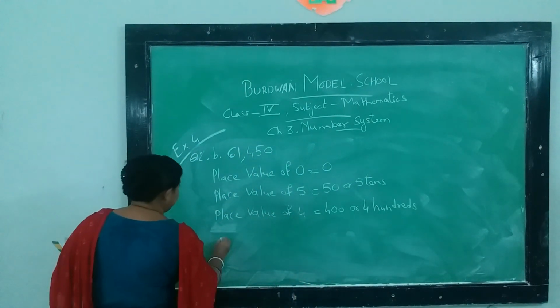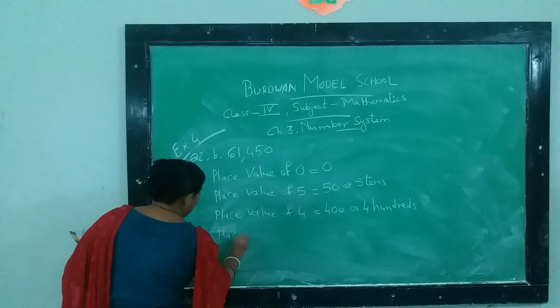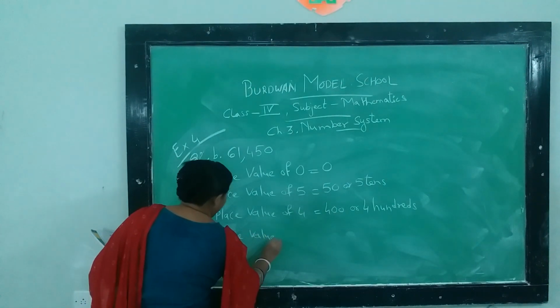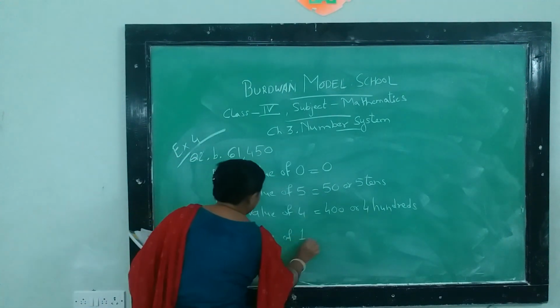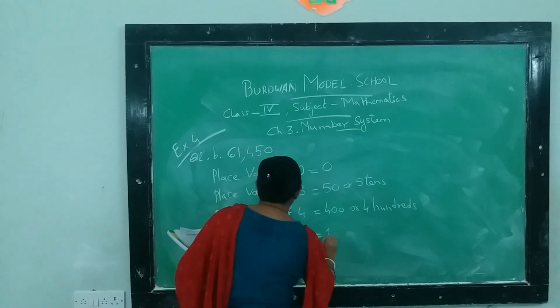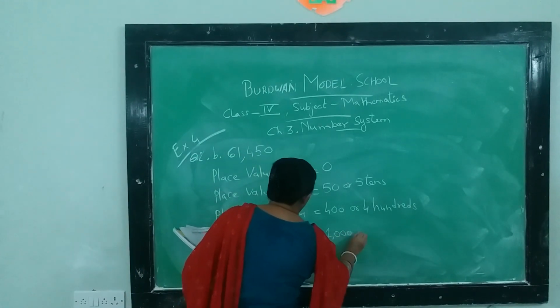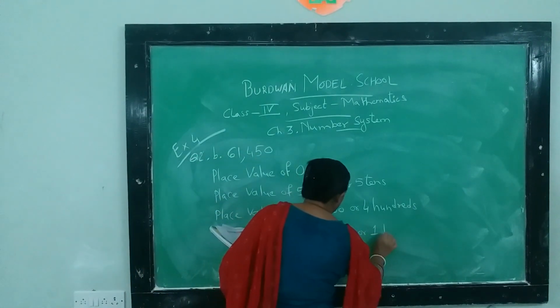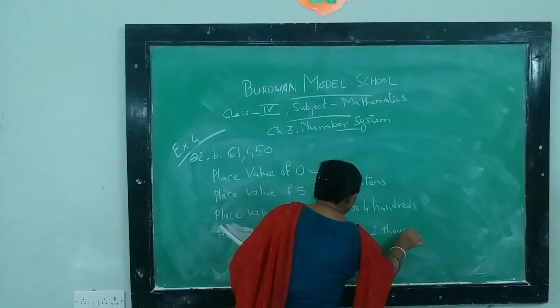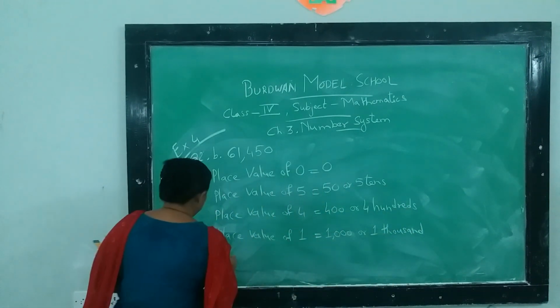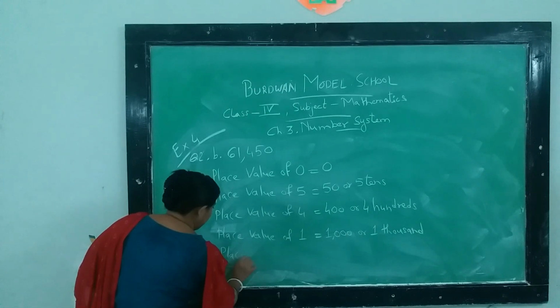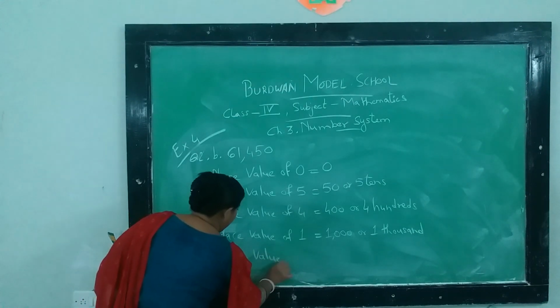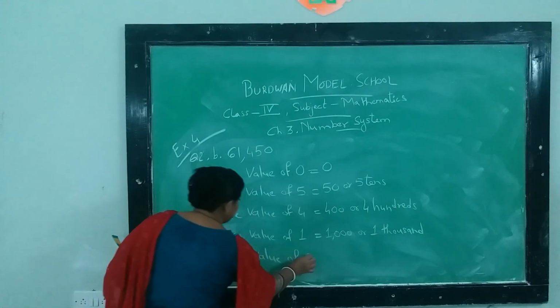Next one, place value of 1 is 1000. Then next is place value of 6.